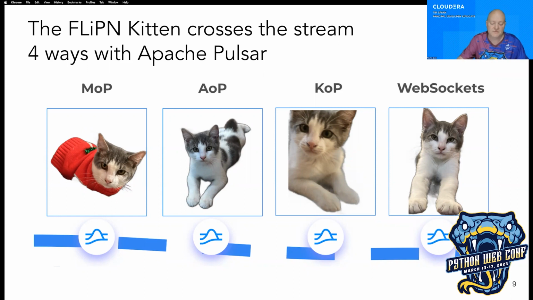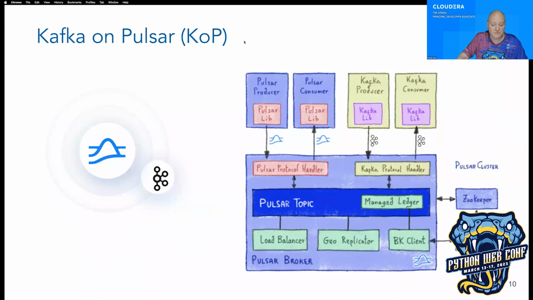That's also something we could do from Python really easily. KoP is Kafka, again, another library for Kafka available. And WebSockets, pretty trivial from Python, but also doable from web pages, which gives you some pretty cool ways of communicating between Python apps using web pages, which is pretty cool.